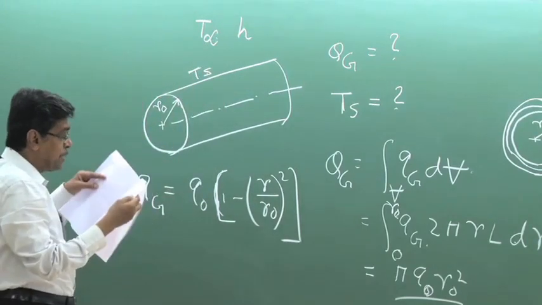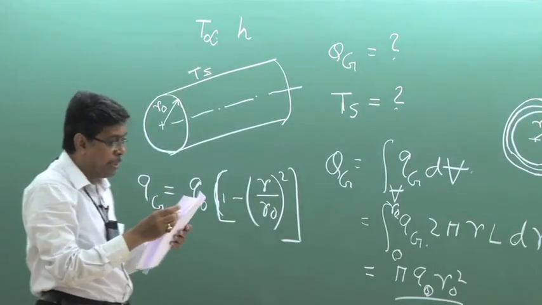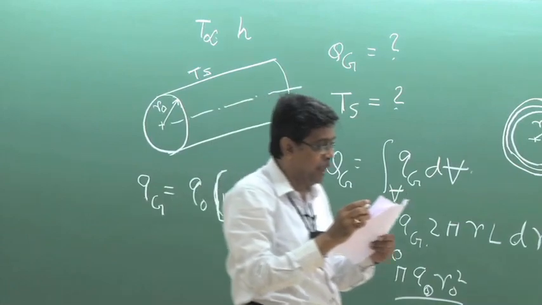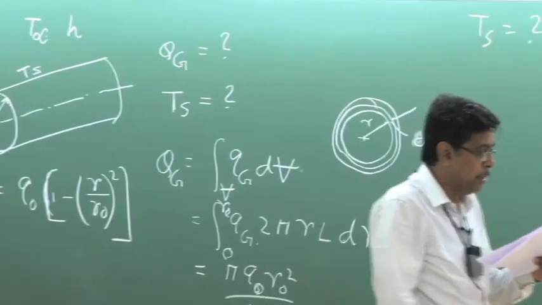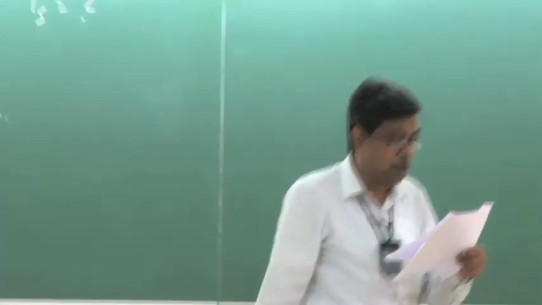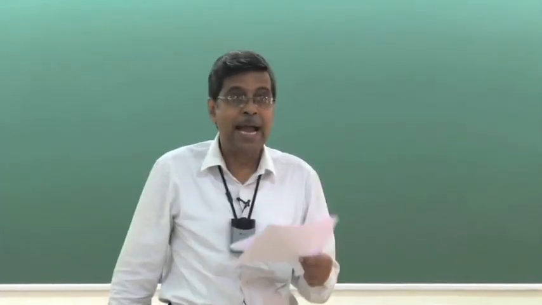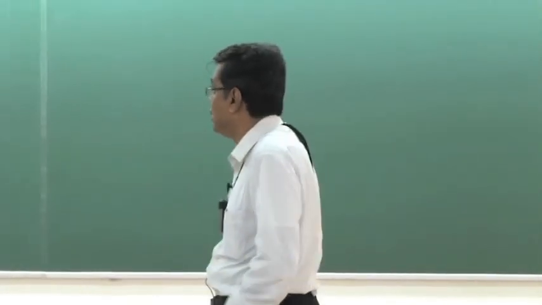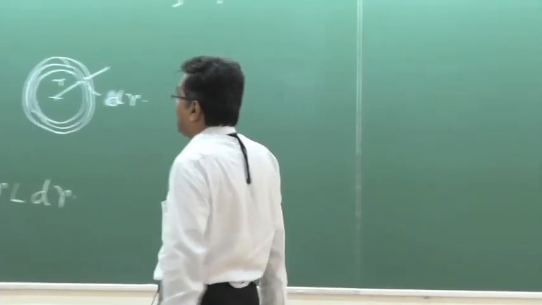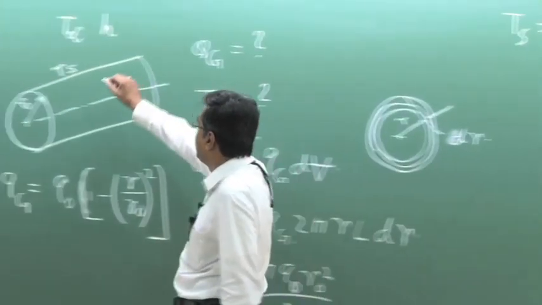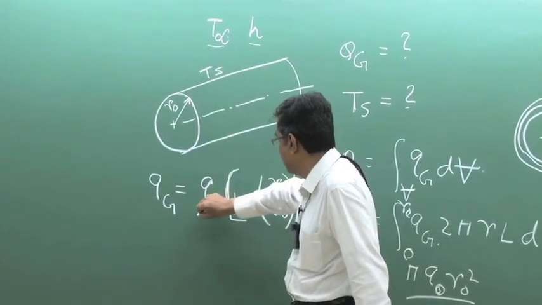The container is immersed in a fluid that provides a uniform convection coefficient h at a temperature T infinity, and we must express Ts in terms of T infinity, h and Q0.